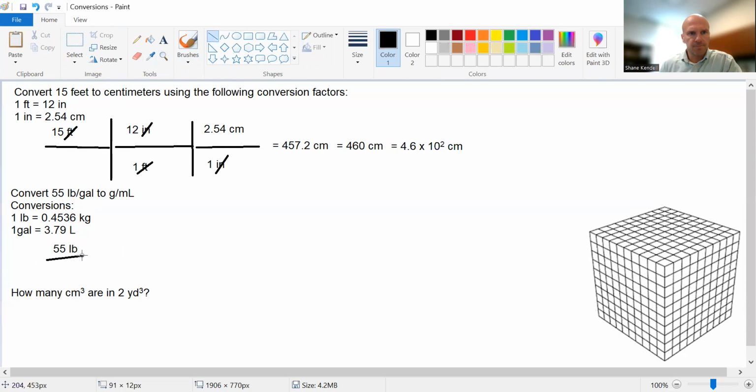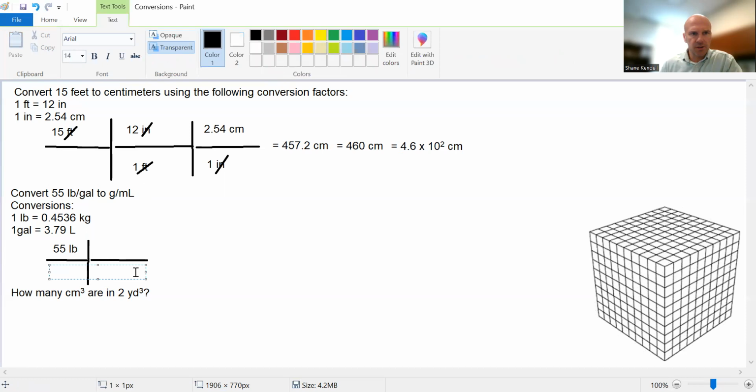And I'll draw in these things. And again, you would want to do this via a handwritten approach. Okay. So it's 55 pounds, and then there's a gal in the bottom. And you could write 1 gal if you like, or just gal, fine, for gallon.